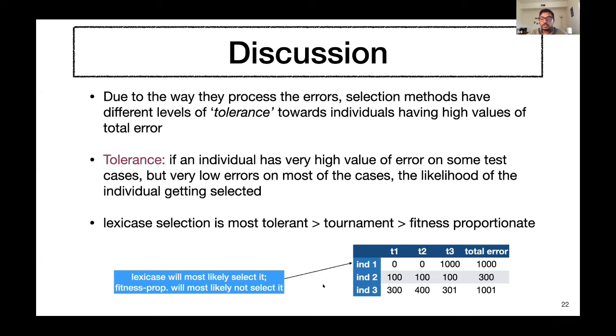Fitness proportionate will most likely not select it because of its high total error, and hence its probability of getting selected will decrease substantially. Tournament selection might select it if it goes in a tournament with individual 3. So this toy example says that Lexical Selection is the most tolerant.